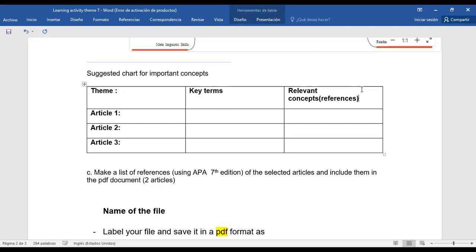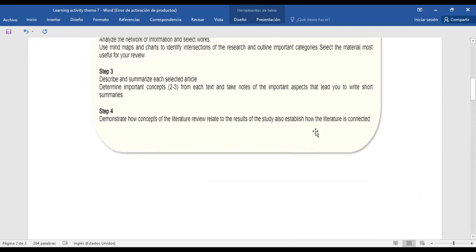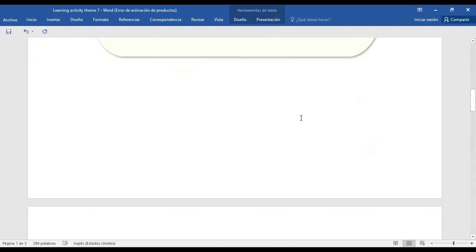Why is it useful to work with this chart? Because you are going to write here the summary. After you have the chart, you are going to write.